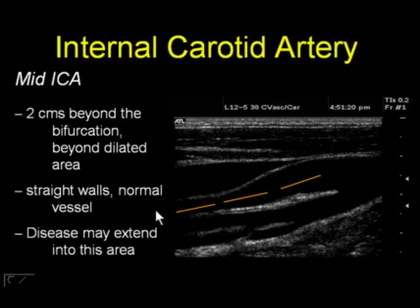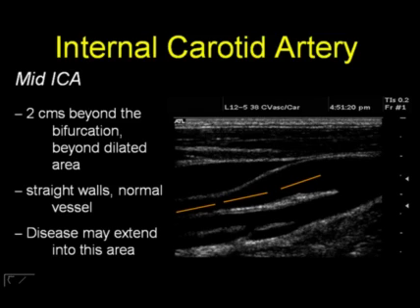In some cases, disease may extend out into this area, but in my experience, it's unusual to find a patient who has disease that involves only the mid and distal portions of the internal carotid artery, in the absence of disease in other areas of the extracranial carotid artery vasculature. And this is important because you don't want to make the mistake of diagnosing a high velocity as an atherosclerotic plaque in the absence of plaque in other places.